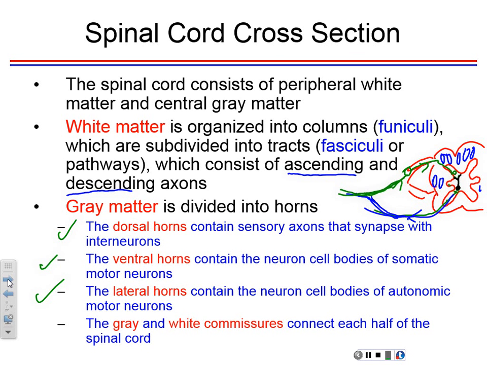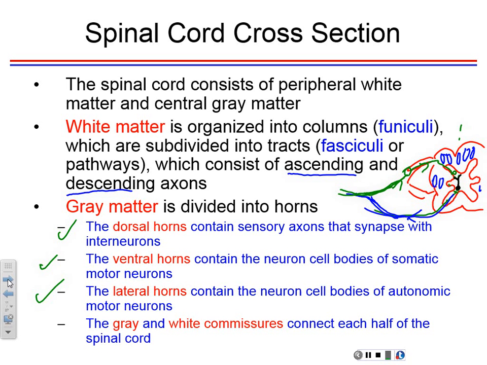And the commissure is a word that means connect or communicate. So the one half of the spine is connected to the other half by tracts that crisscross between the two. Just like the brain, the cerebrum, left and right, is connected by tracts that crisscross with it, and one of them is called the anterior commissure as well. So the gray and white commissures, of course, will attach the two halves of the spine.